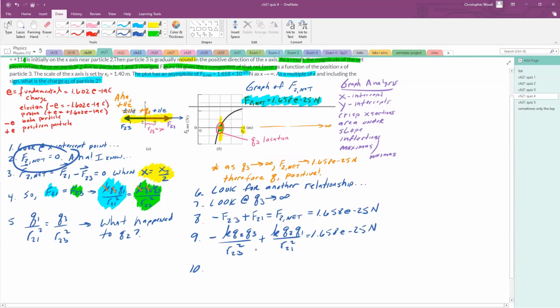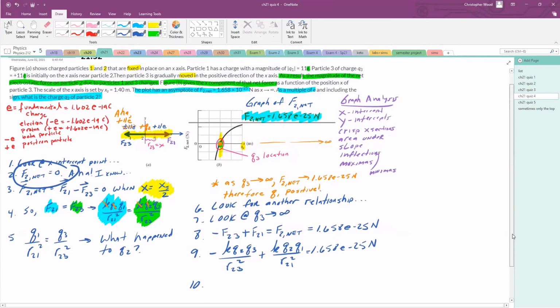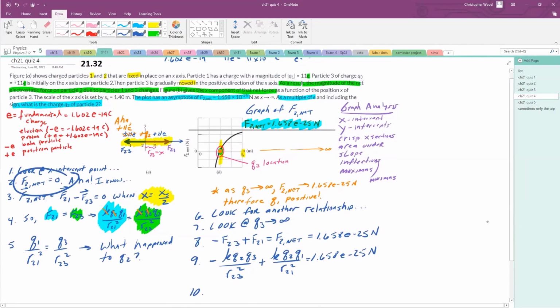Well, first of all, maybe there is some low-hanging fruit here. What's the distance when I'm looking at Q3? If I'm going to look at Q3 off at infinity, what's going on? I know this number is pretty darn big.